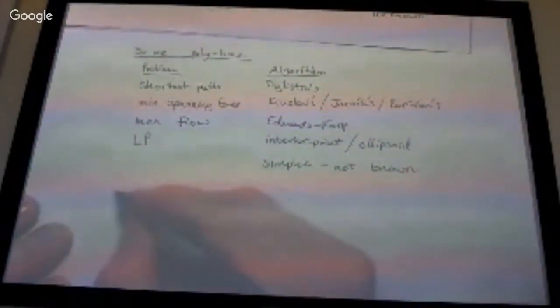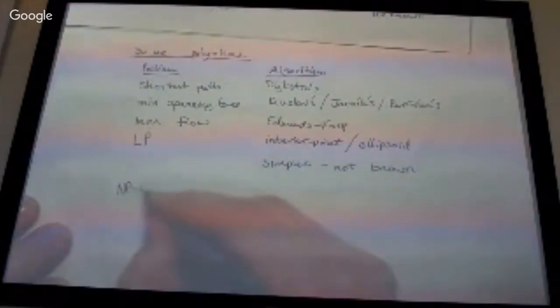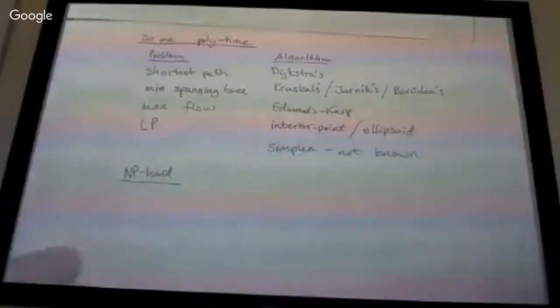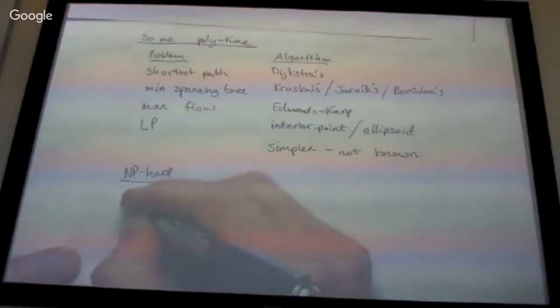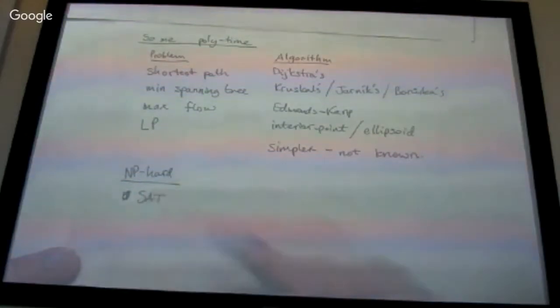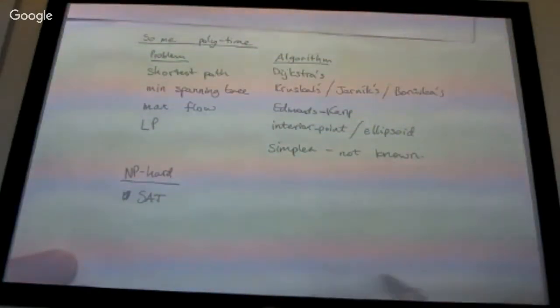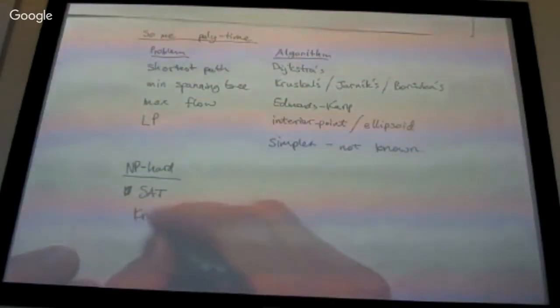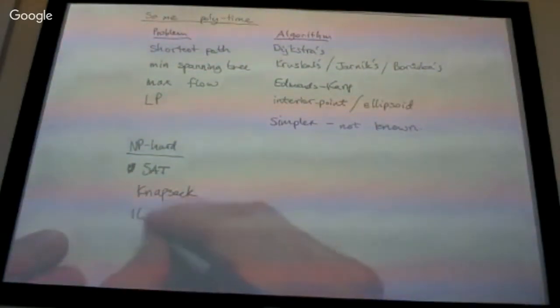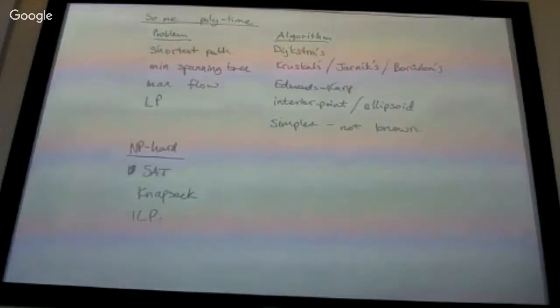Okay, and then we had some hard ones, NP-hard, NP-complete. We haven't seen so many of them, but one of them was knapsack, well, SAT, we said. That's the satisfiability problem: you get a formula, is it satisfiable. Knapsack in general. And the one that we still need to do is integer linear programming.